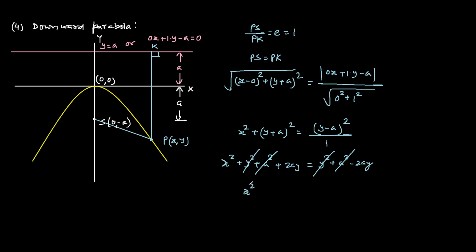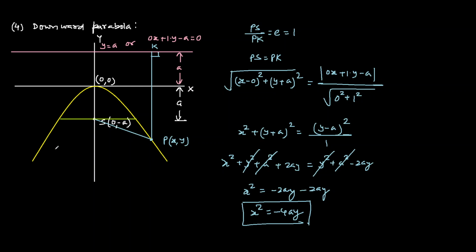So we are left with x square equal to minus 2ay minus 2ay. So x square is minus 4ay. So this is the equation for the downward parabola. Now we have the latus rectum, which is the chord passing through the focus and perpendicular to the principal axis.